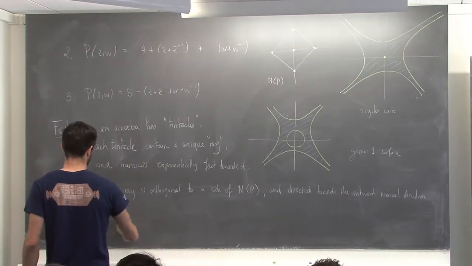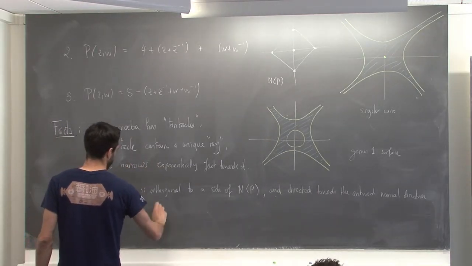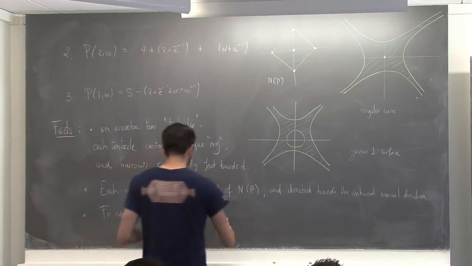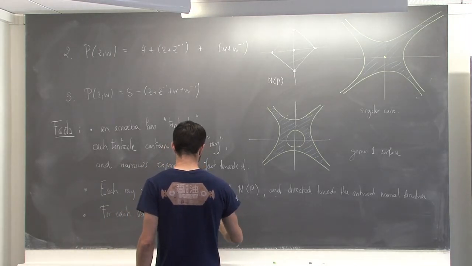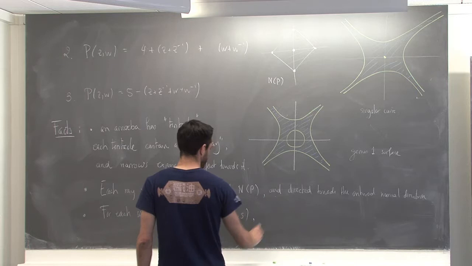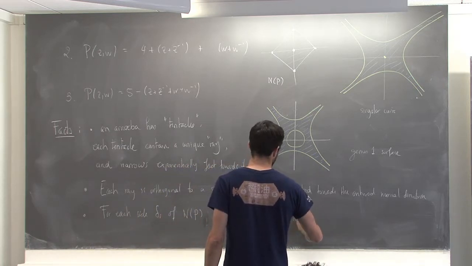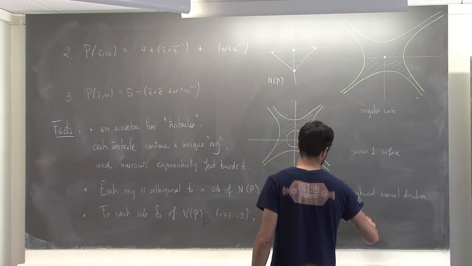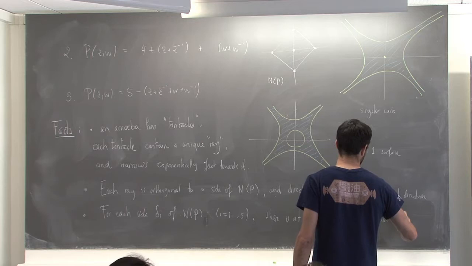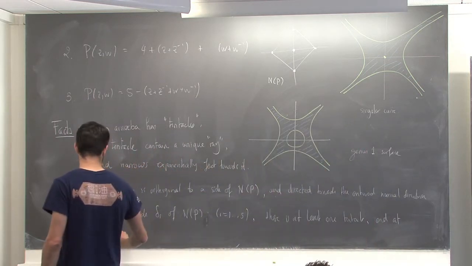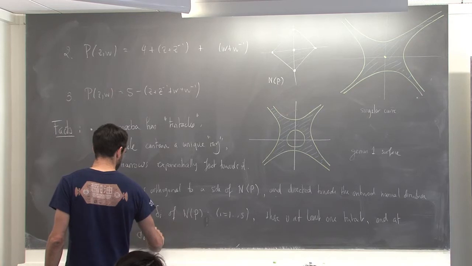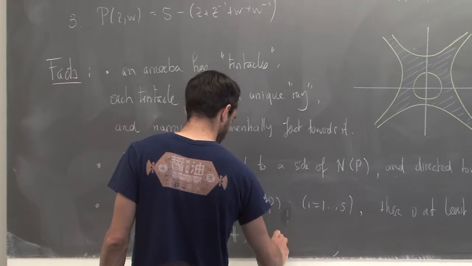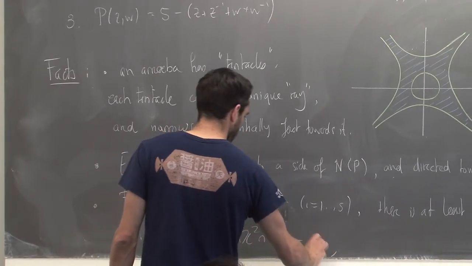For each side, let's say delta i of NP, and I want to number the sides like this, there is at least 1 tentacle, and at most, how many of them? d_i, which will be my notation for the number of intersections of this side minus 1.